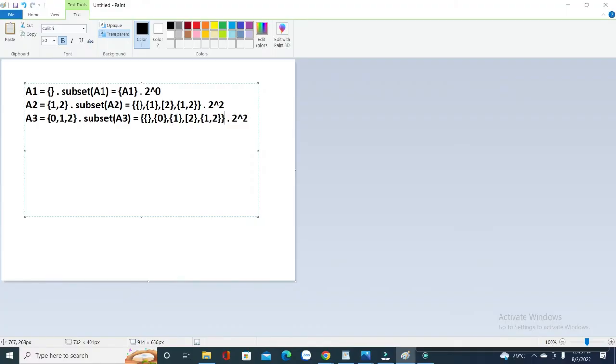For the 2-element subsets, we have 1 and 2, we also have 1 and 3, and we also have 2 and 3.